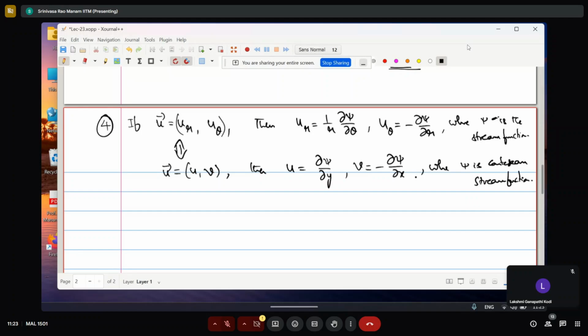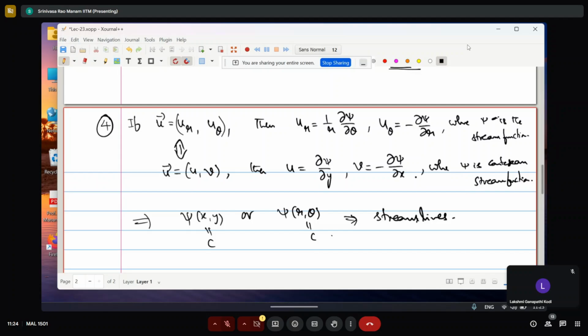So psi of x, y equal to psi of r, theta, put them constant. Those are your streamlines.